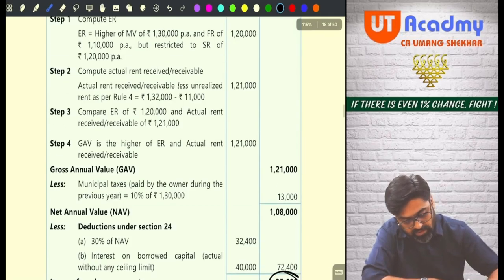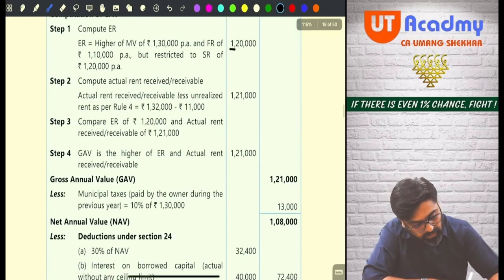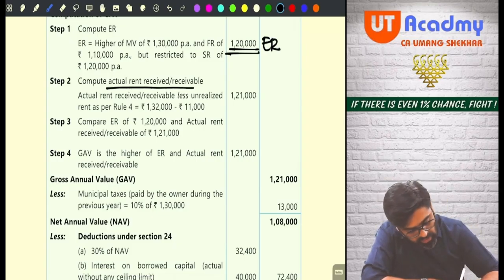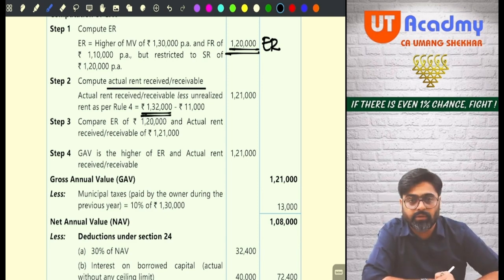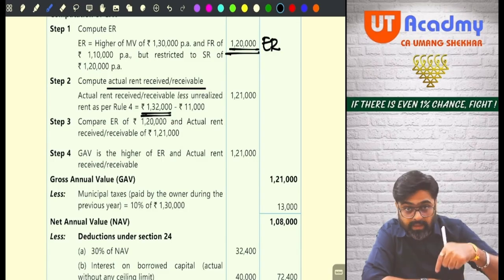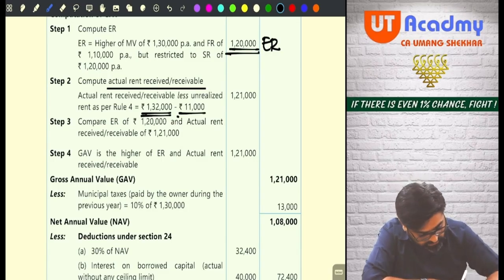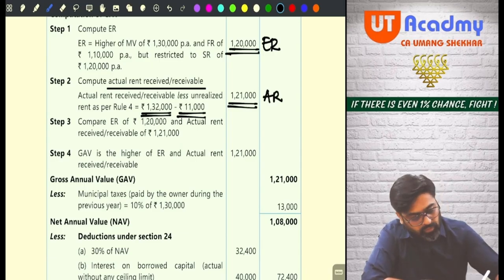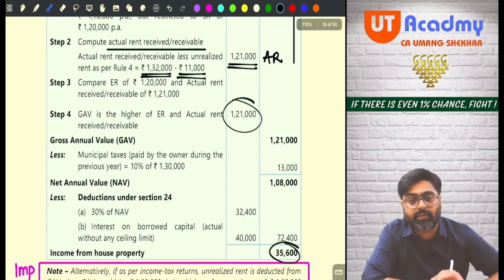Please pay attention here. We got expected rent of 1,20,000. We also got it now. So here what they have said, actual rent which was 1,32,000. From this actual rent only they are reducing unrealized rent, so that final actual rent for them is 1,21,000. Now if you see expected rent or actual rent, whichever is higher, how much is that? 1,21,000 GAV.